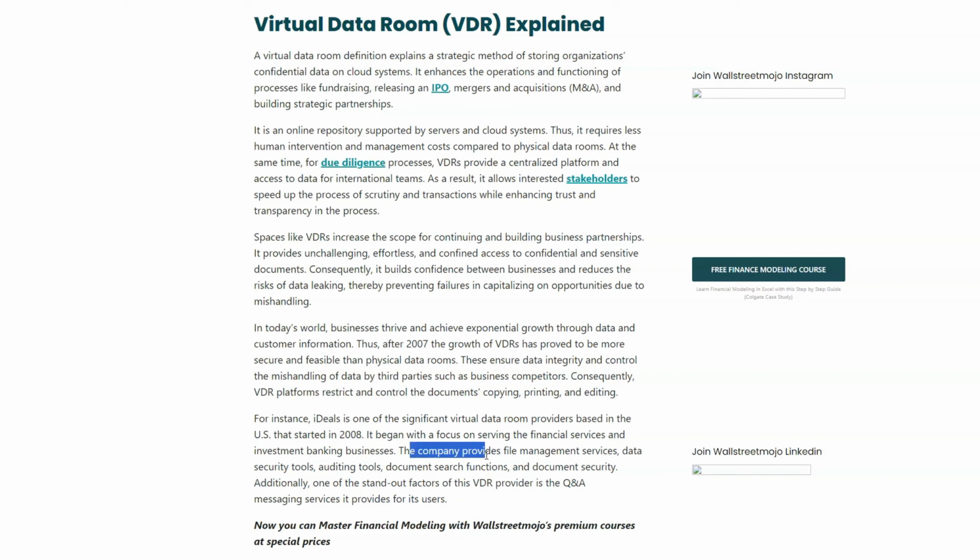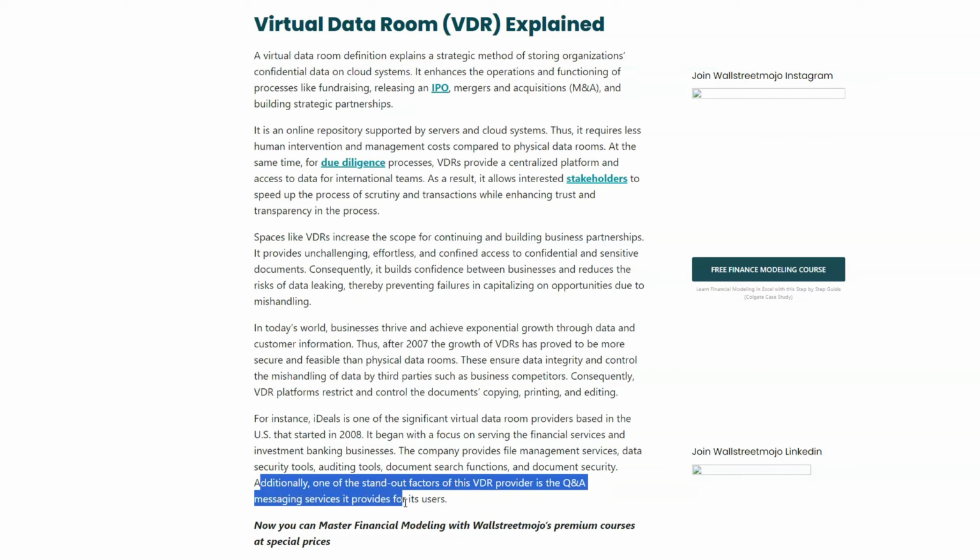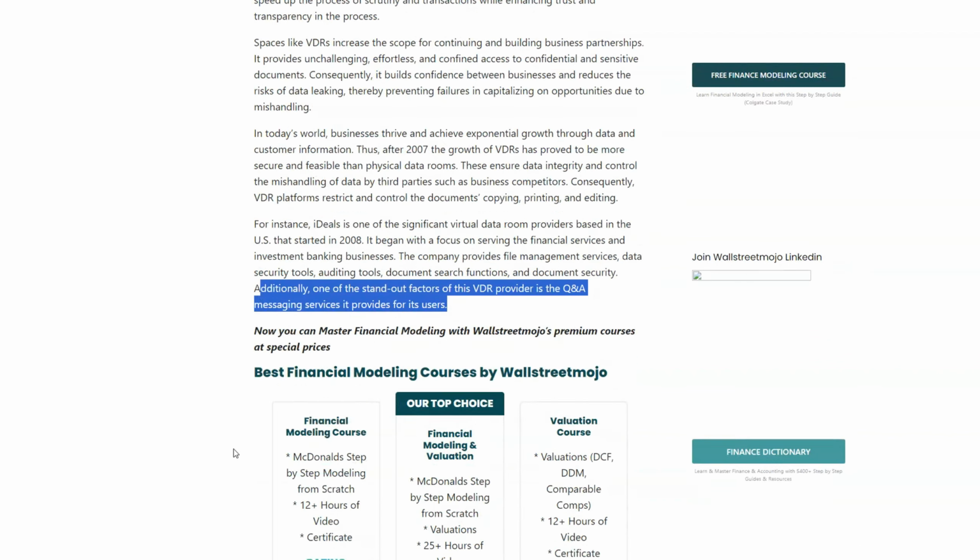The company provides file management services, data security tools, auditing tools, document search function, and document security. Additionally, one of the standout factors of this VDR provider is the Q&A messaging service it provides for its users.